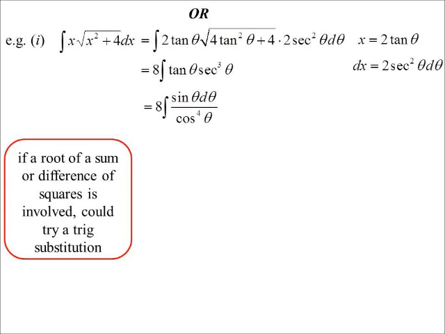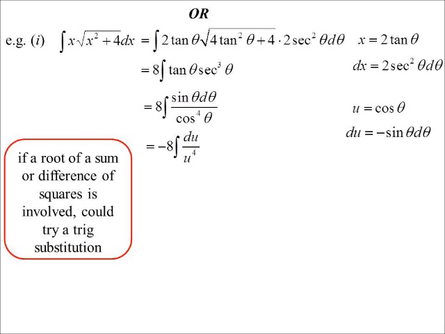I now need to do another substitution. If I let u equal cos theta, then du will be minus sine theta d theta. And now I can substitute in for that, and I get minus 8 times du on u to the power of 4. Of course, if you did notice, you had the situation of derivative times function to the power of n.